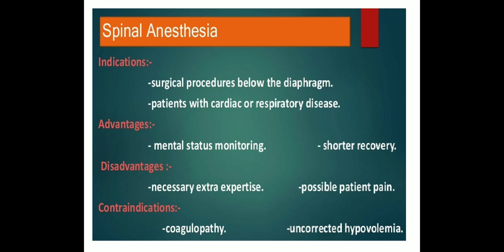Contraindications are coagulopathy. If any type of blood clotting disorder is present in the patient, we cannot give spinal anesthesia to those types of patients. And uncorrected hypovolemia. If the patient has hypovolemia, at that time we cannot go for spinal anesthesia.